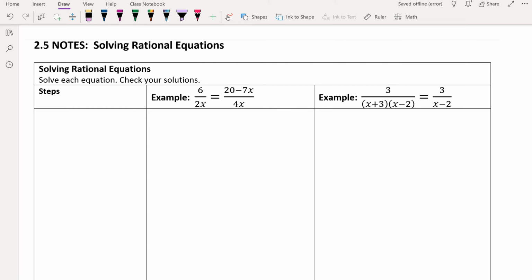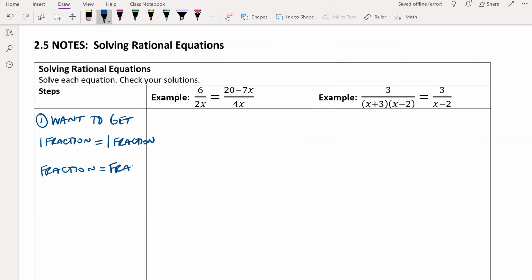And our first step is going to be similar to the last problem. We want to get one fraction equals one fraction. So we want fraction equals fraction, right?